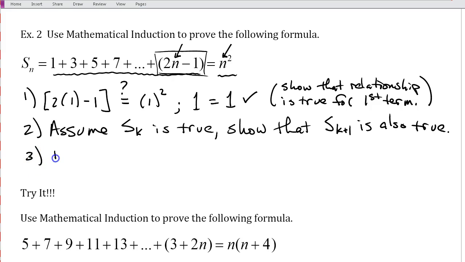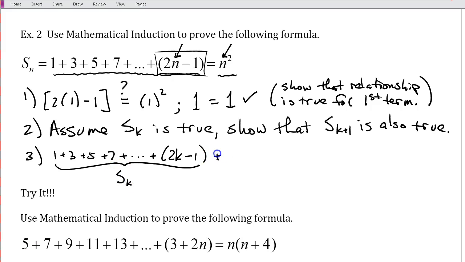So I'm going to have 1 plus 3 plus 5 plus 7 plus all the way up to 2k minus 1. So that's the S sub k term. All of this is S sub k, but then we need to add one more term, the k plus 1 term.